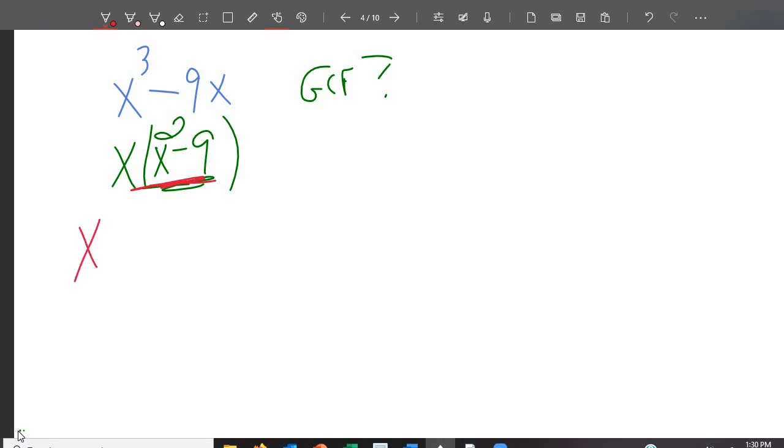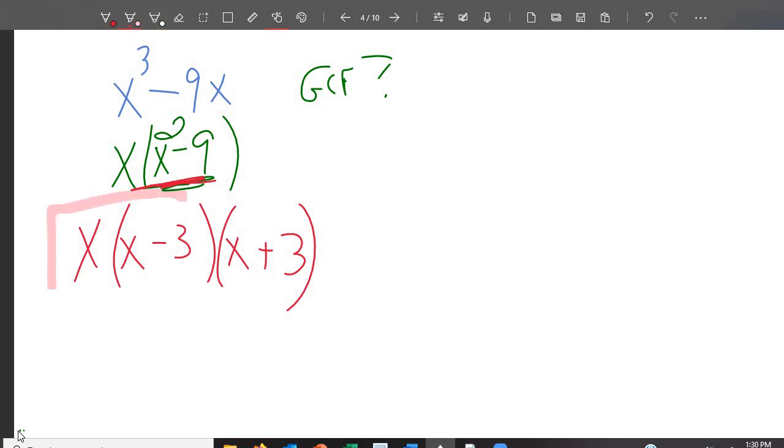Well, this is one of those special difference of 2 squares. X minus 3, x plus 3. This is the final answer. GCF, and then we had a difference of 2 squares.